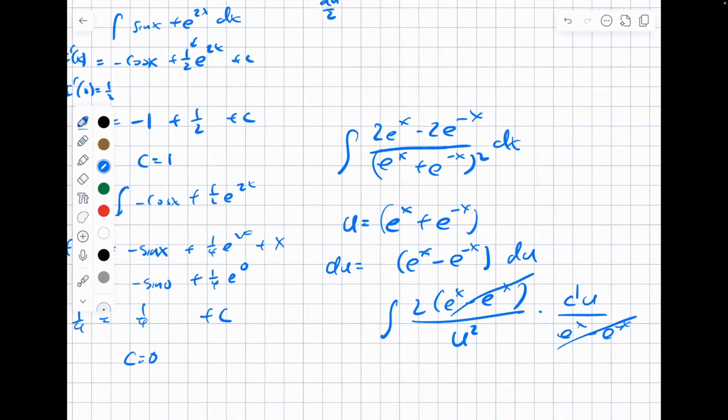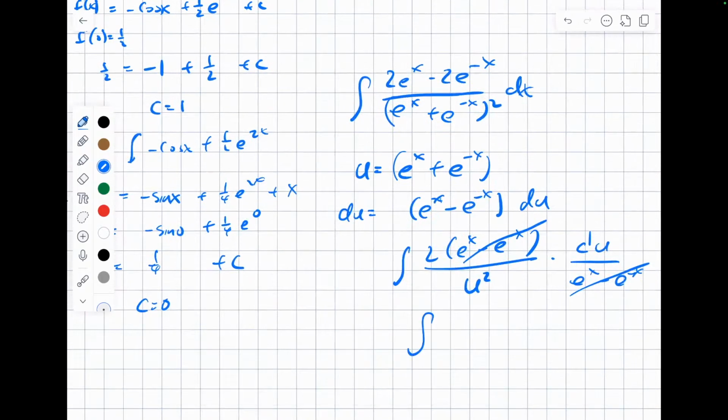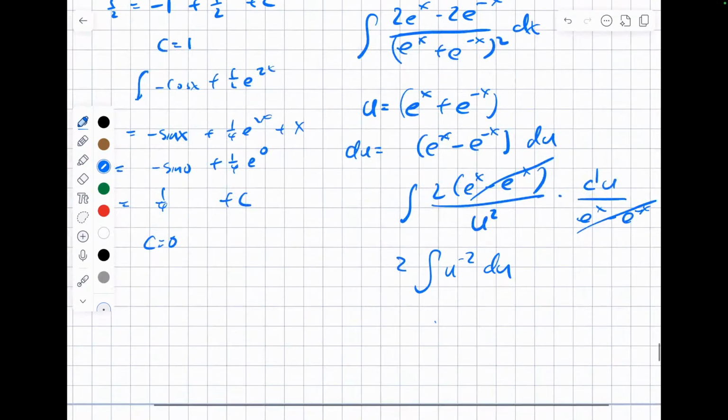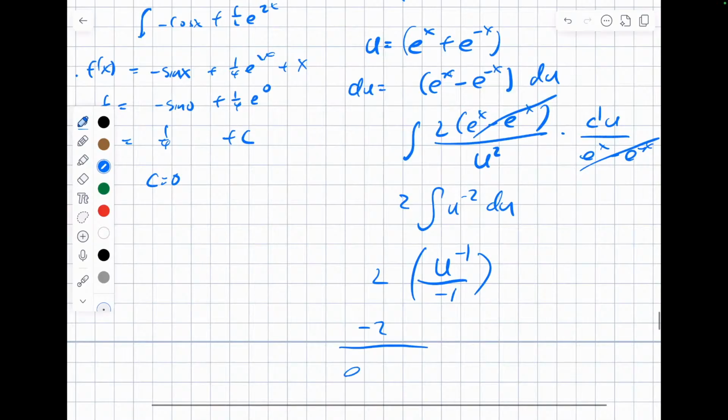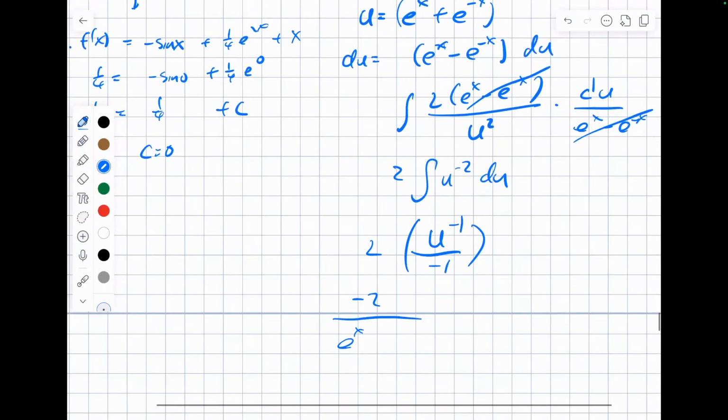This will cancel out. This ends up to be 2u to the -2 du. So that's u to the -1 over -1 times 2. So it'll be -2 over e to the x plus e to the negative x plus c.